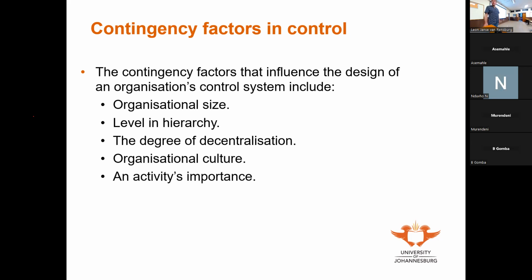And then how important the specific activity is. Even if an activity costs money, it's not necessarily an important thing to control. You don't have to control everything, you need to just find those specific points that will really tell you what's going on in the company. And different levels in your hierarchy will look at different things and different frequencies of controls.